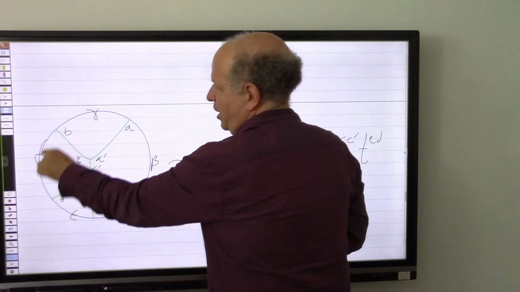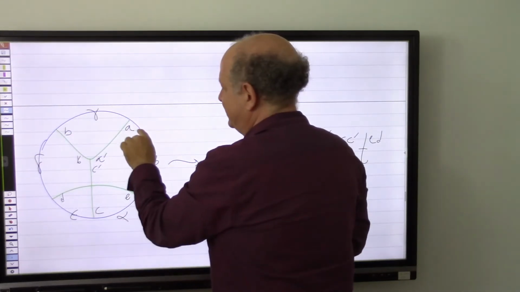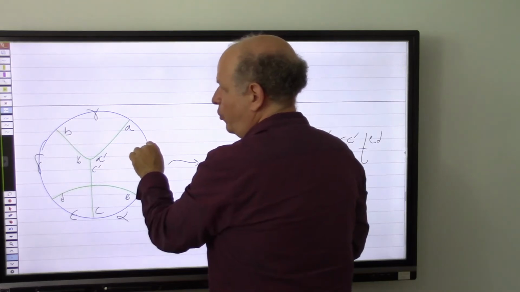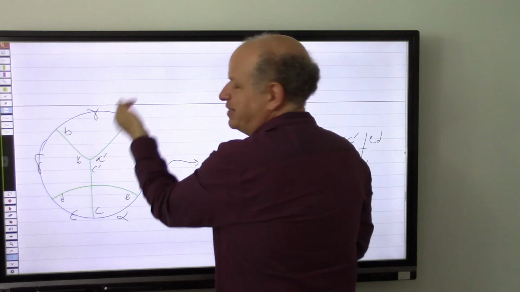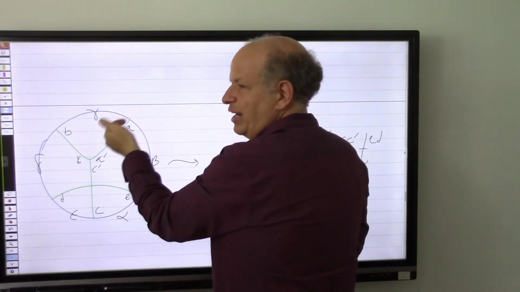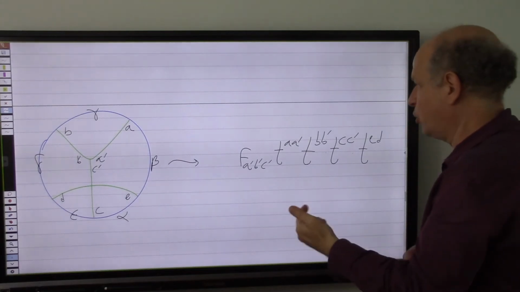Okay? Then each vertex around the skeleton has one Greek letter before it, one Greek letter after it, and one Latin letter facing it. So I'll use the representation tensor letters for each of these.